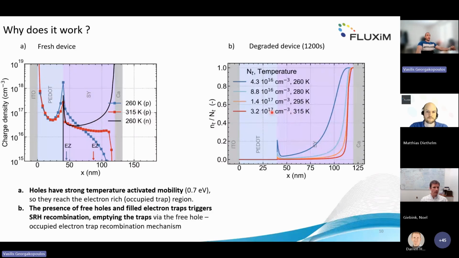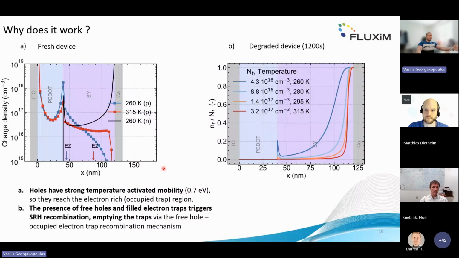And this can very well be seen if we look at the trap occupation function. As we said before, at low temperatures, 260 Kelvin, there are occupied traps inside the bulk, but at higher temperatures, the occupied traps are basically relegated to a small area close to the electron injecting electrode.